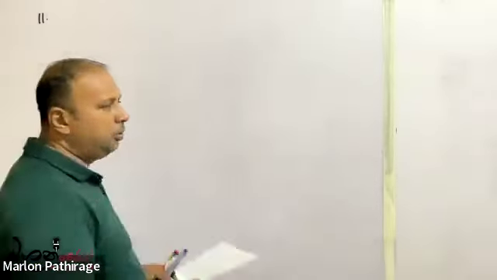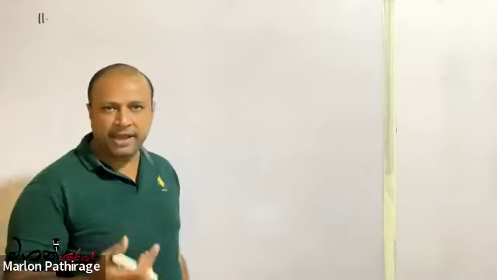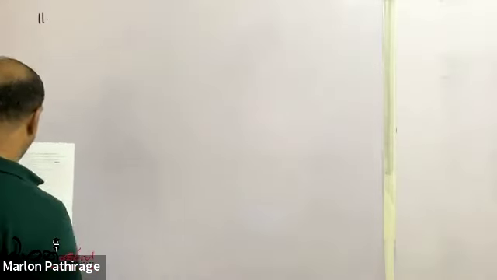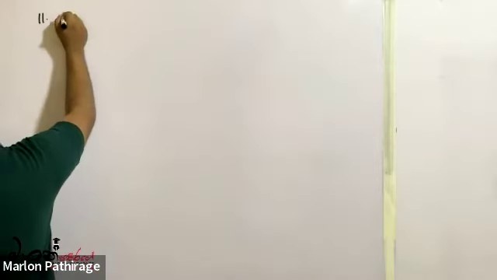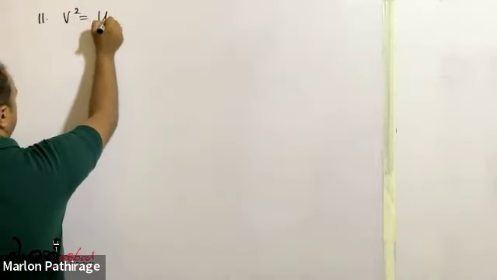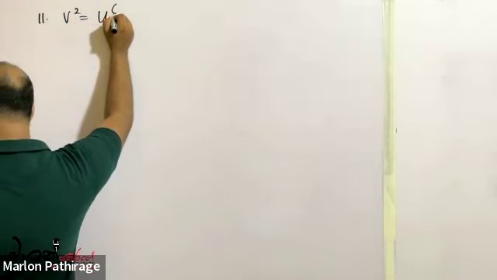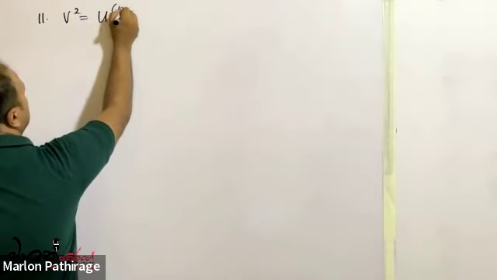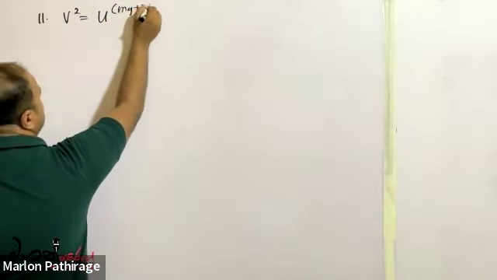Question number 11. Sometimes we need to use more than one argument. Okay? V square is equal to U, my plus z.